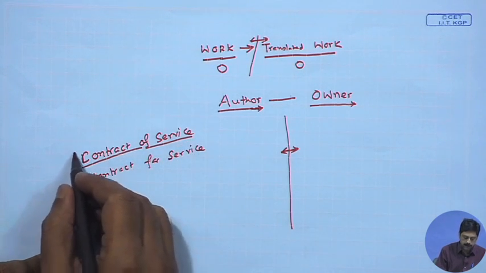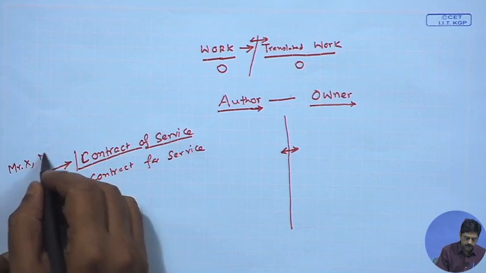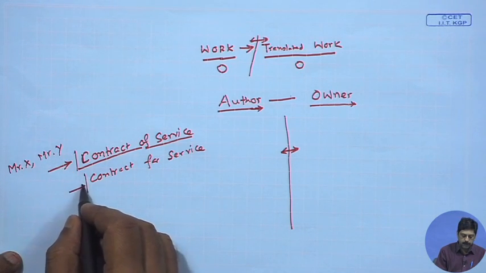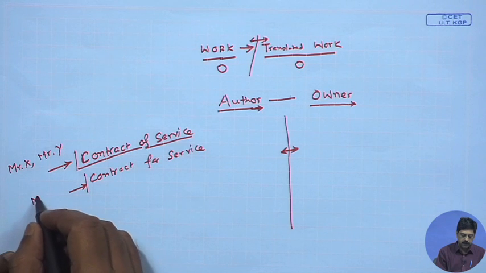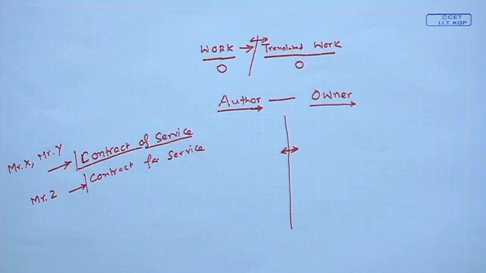Okay, a newspaper organization employs, let us say, Mr. X and Mr. Y on a permanent basis, and they have also appointed Mr. Z on a temporary basis for a job of supplying some news items. Let us say Mr. X and Mr. Y are under the purview of a contract of service, under the employee-employer contract, which we sometimes refer to as a master-servant agreement.